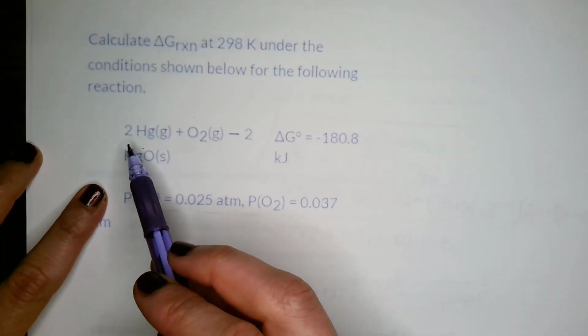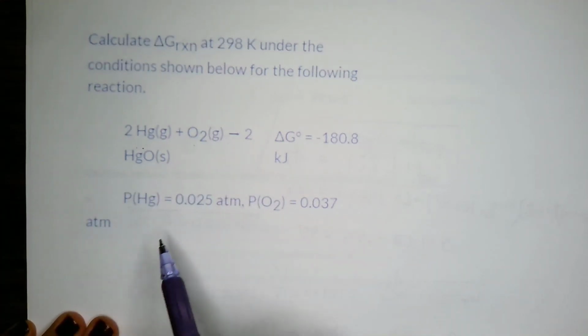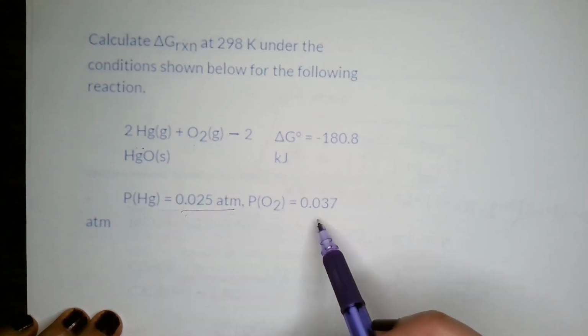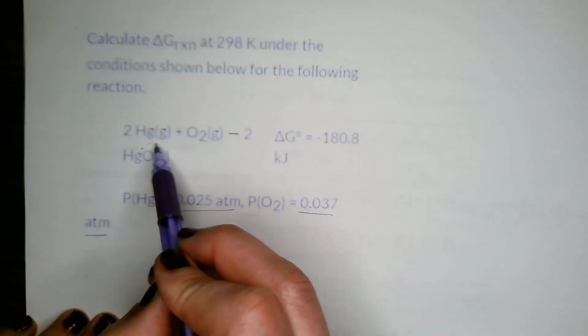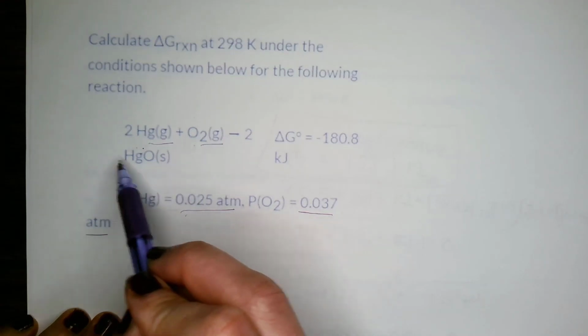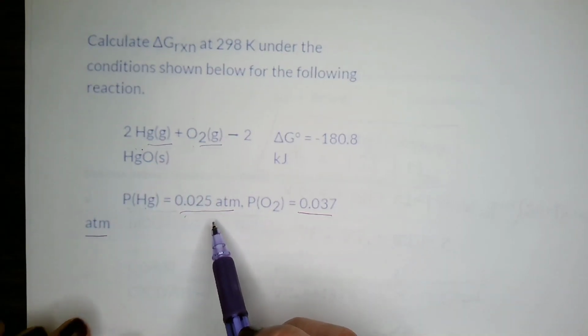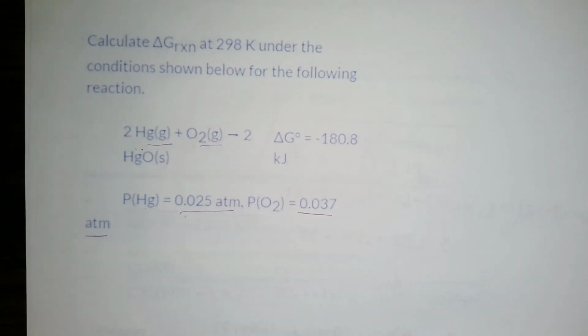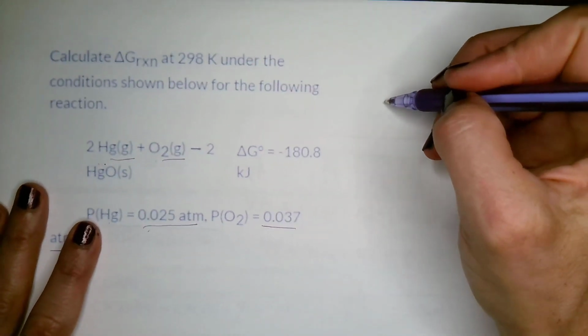So let's calculate delta G at 298 under the conditions below. So we've got our mercury plus oxygen to yield mercury oxide, and we're given the pressures of the mercury and the oxygen that are in the gaseous states, obviously not for solid because it doesn't apply. So these are under non-standard states of pressure.